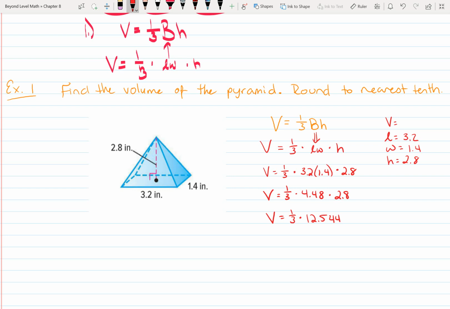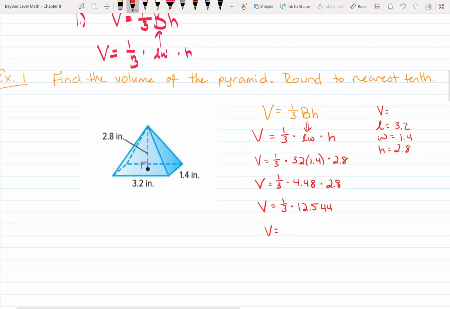Either way, in this case, you should get V equals 4.1813 repeating. Now, keep in mind it said round to the nearest tenth. So my final answer here would be 4.2, and it is inches cubed. Keep in mind volume is cubed. So 4.2 inches cubed is our final answer.